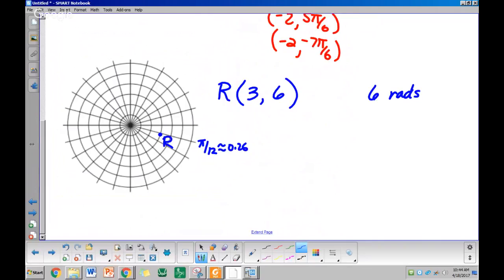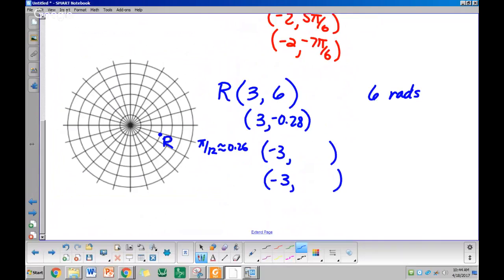Okay, now another representation would be negative 0.28. Now our brain starts to hurt a little bit when we're doing the negatives.